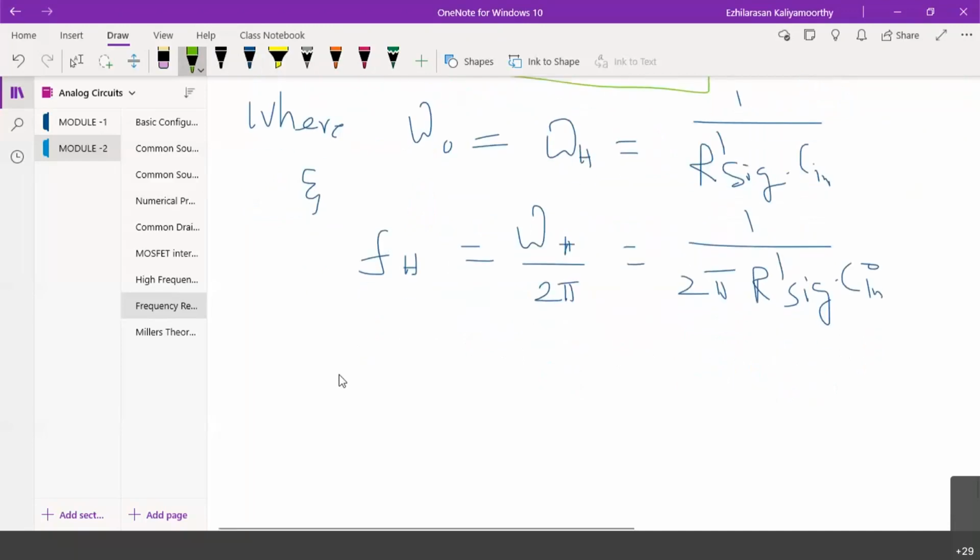This we already know, where FH is the high cutoff frequency.